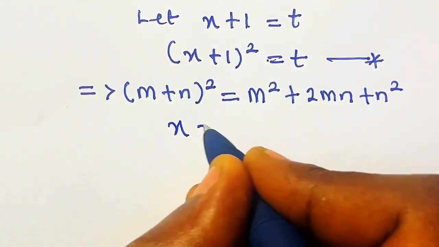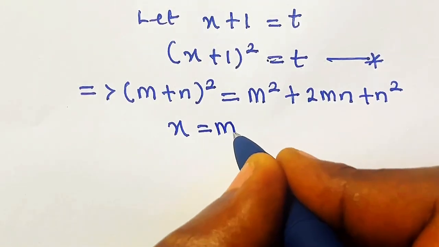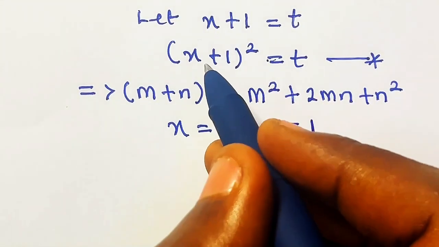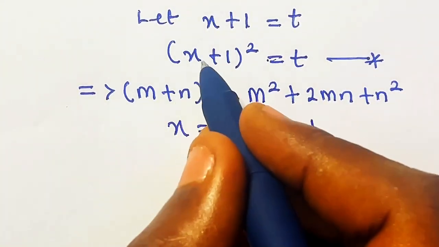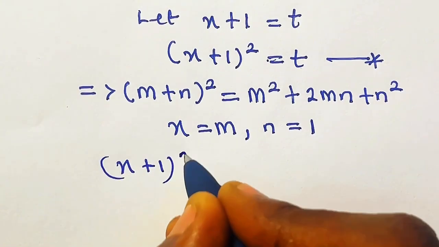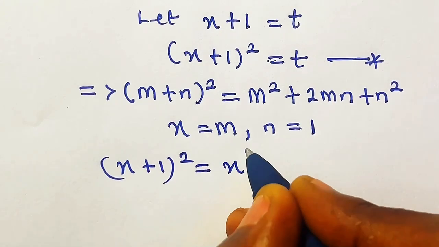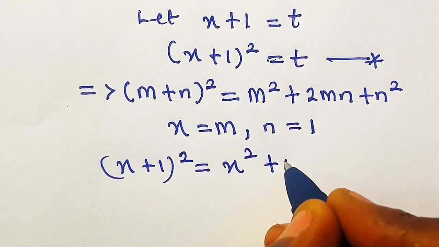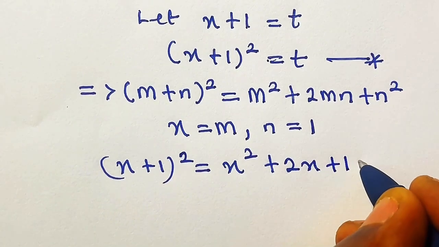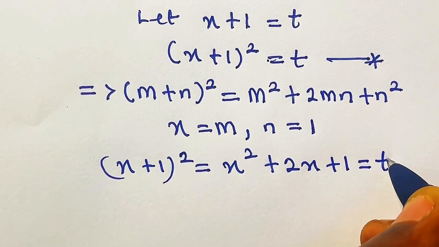If our x is m and our n is 1, we want to expand this. Therefore, our x plus 1 squared will be x squared plus 2x plus 1, and that is equal to t.